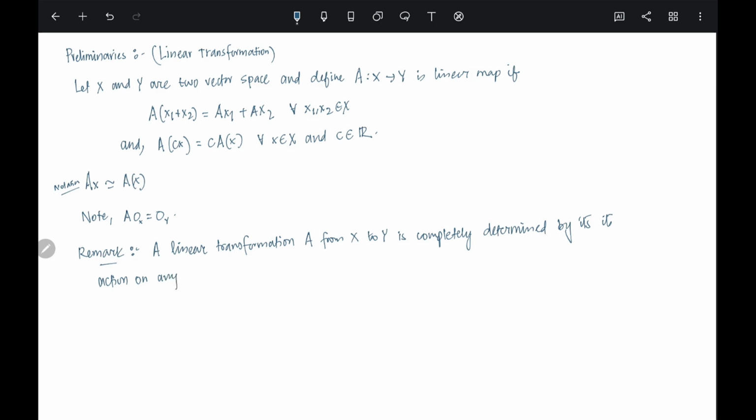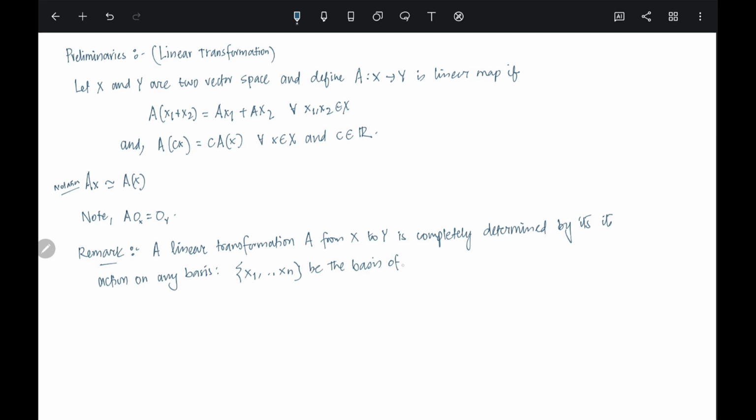What do I mean by this? Let's say you start with a basis x1, ..., xn, the basis of X.